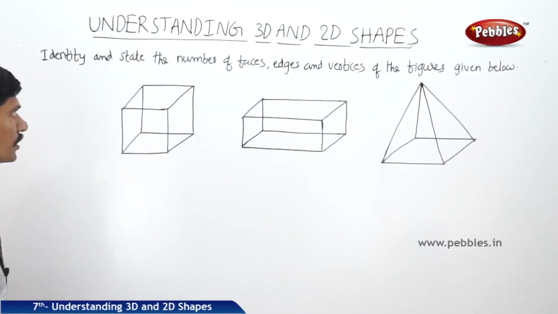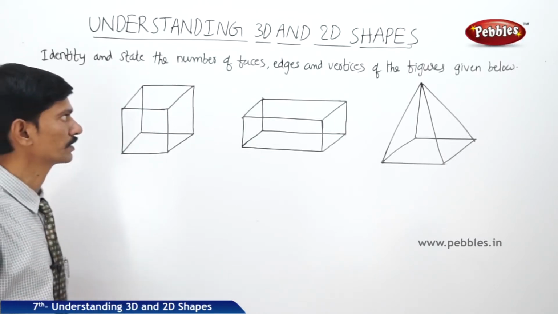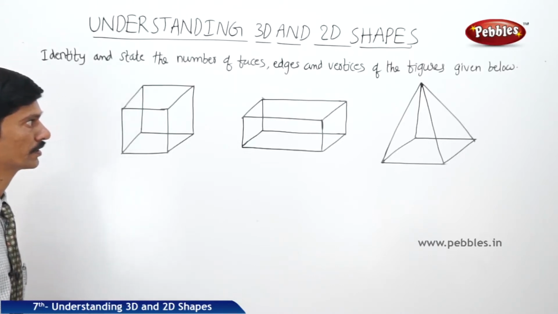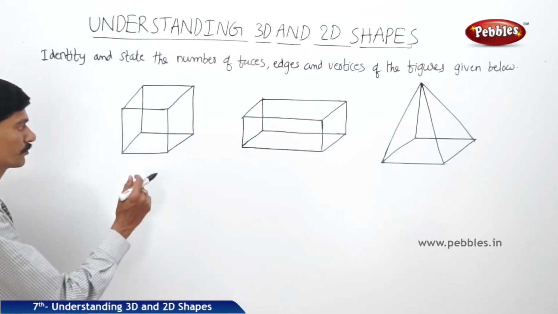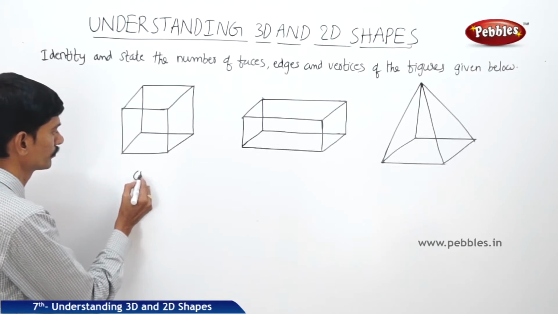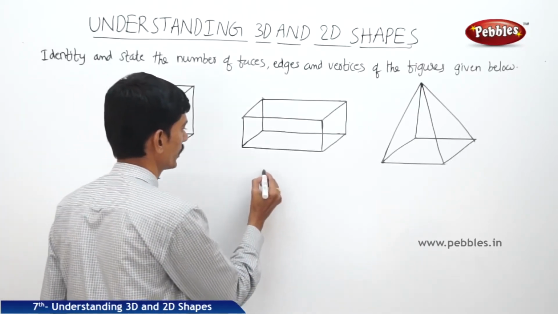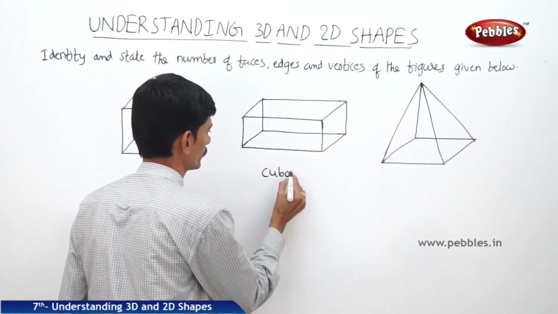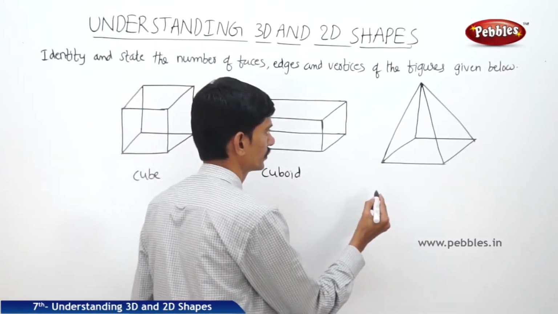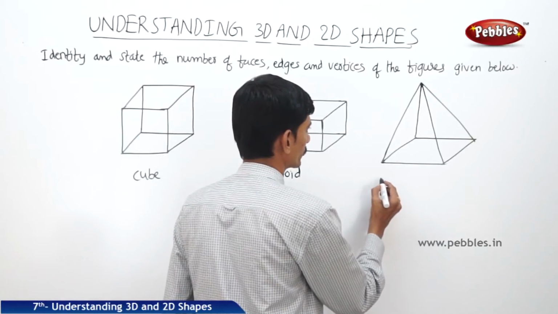Identify and state the number of faces, edges and vertices of the figures given below. So the first figure is a cube, and the second figure is a cuboid, and the third figure is a square pyramid.